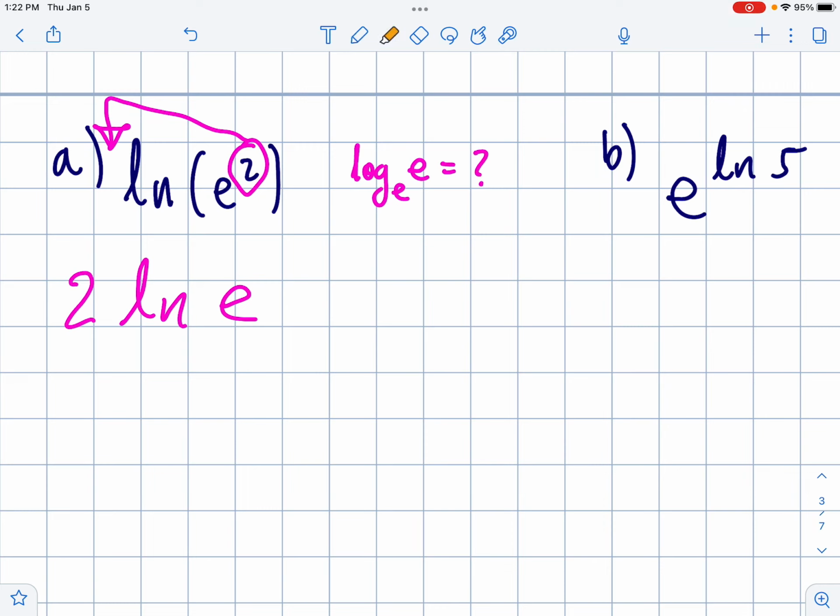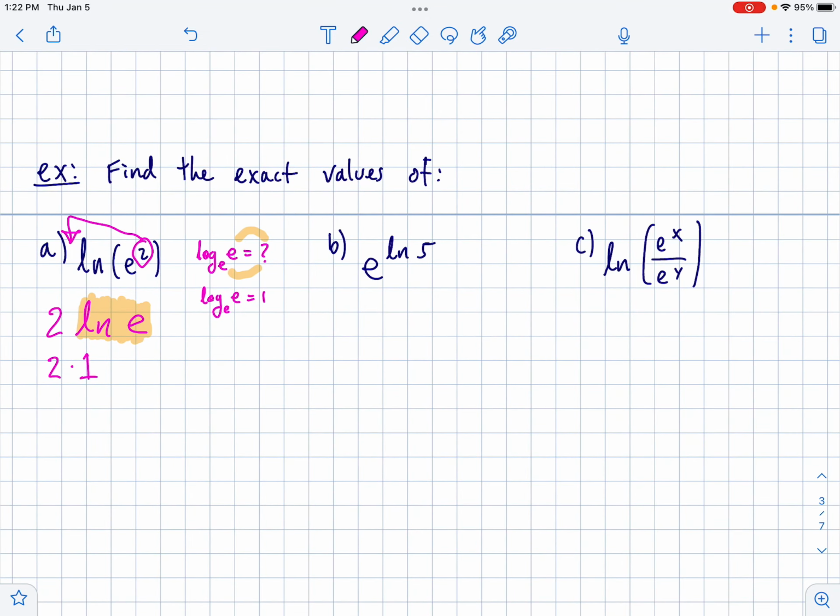Well, if you do a quick spiral and say e to the power of this equals this, you can quickly see that log base e of e is equal to 1. Which means that this is 1. Which means the whole thing is 2.